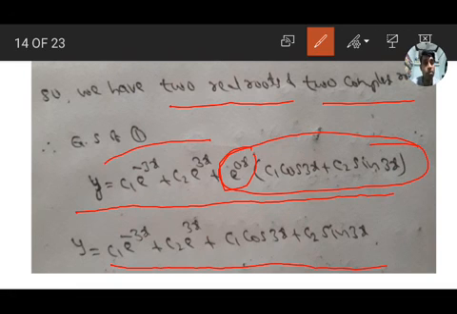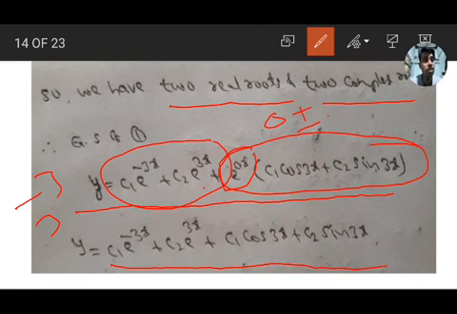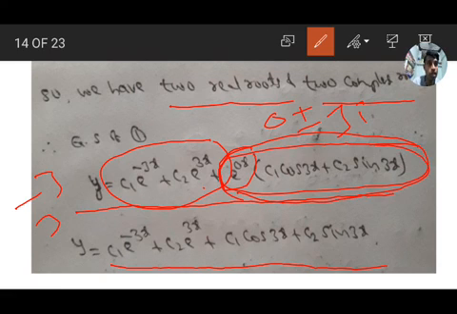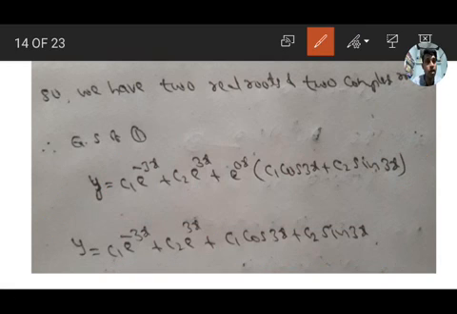For the real roots -3, 3, this is the solution, and for 0 ± 3i, the complex roots with a = 0, b = 3, the solution is a combination of these two solutions. It is the final answer. So here 2 values are real and 2 values are imaginary, complex numbers.